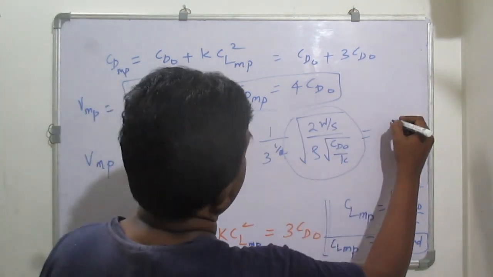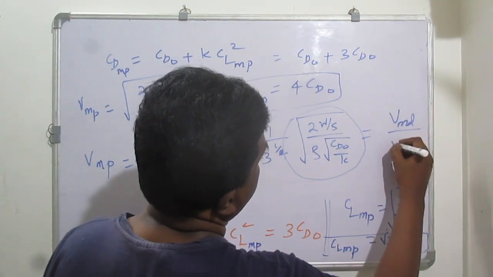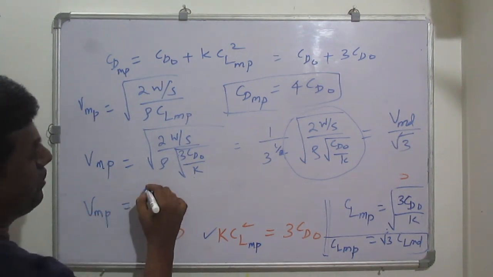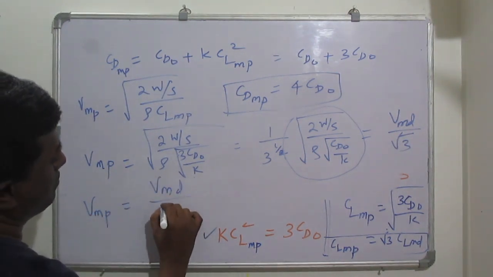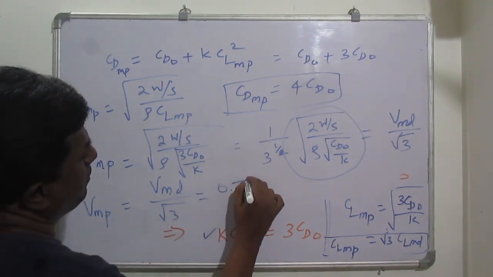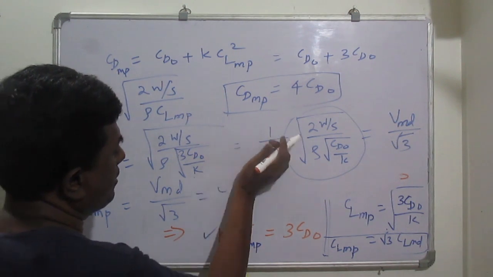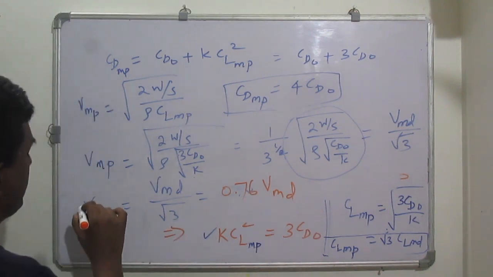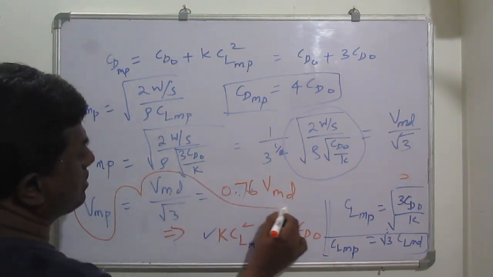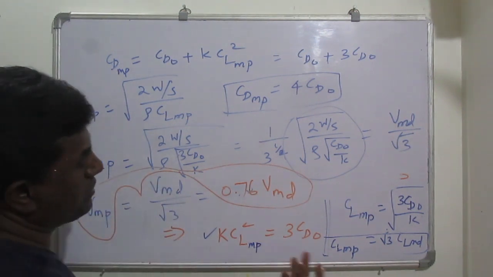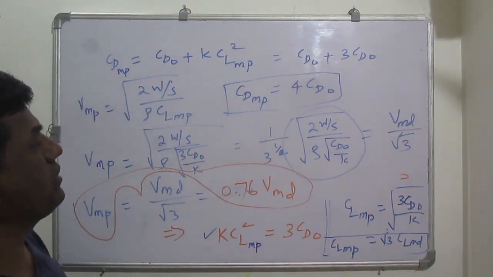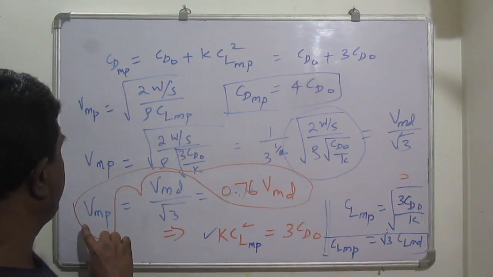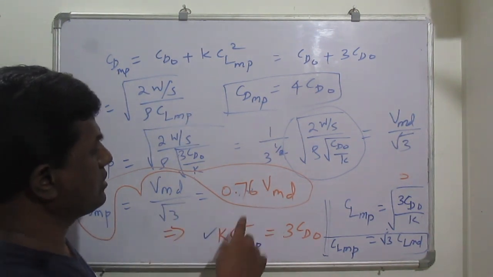So velocity minimum power equals velocity minimum drag divided by root 3, which is 0.76 velocity minimum drag. We already got this from the direct equation, and by differentiating we got it too. In both ways we have proved that velocity minimum power equals 0.76 velocity minimum drag.